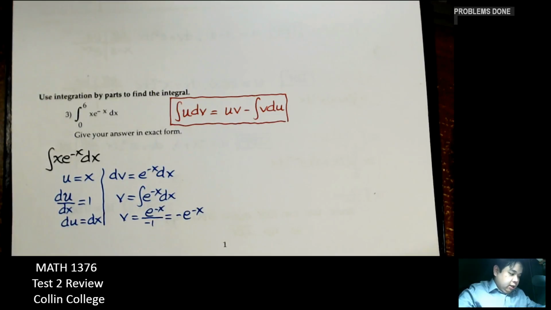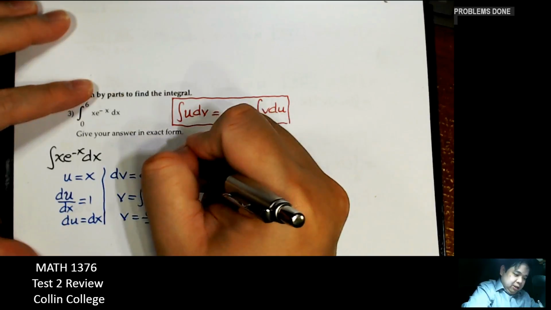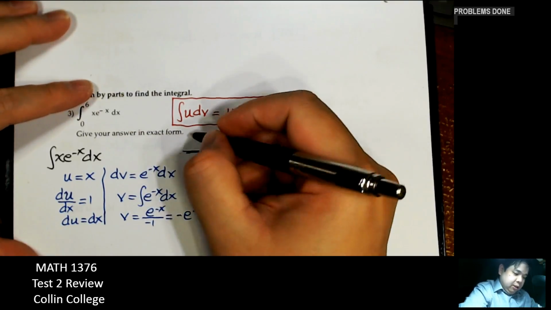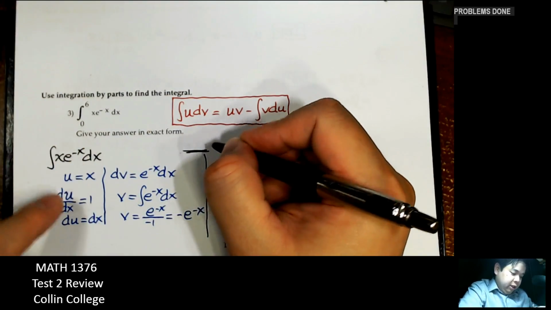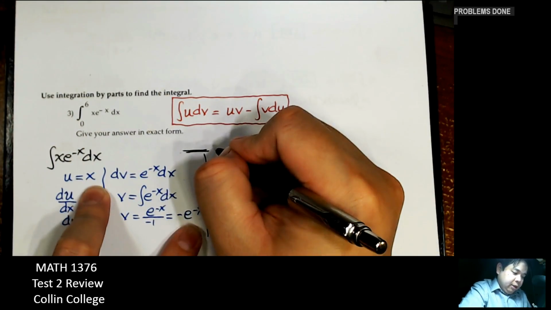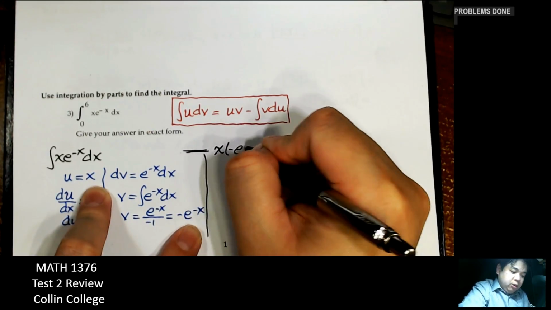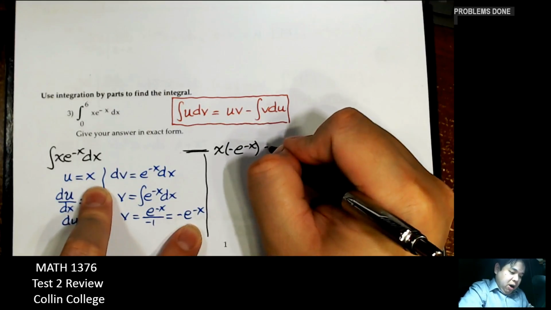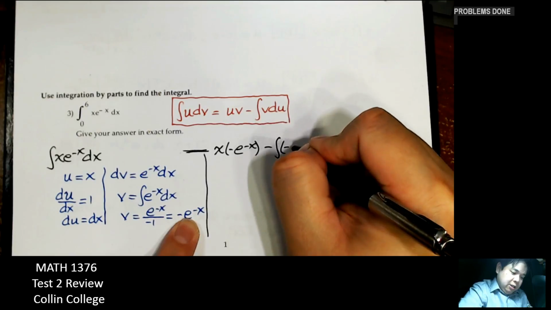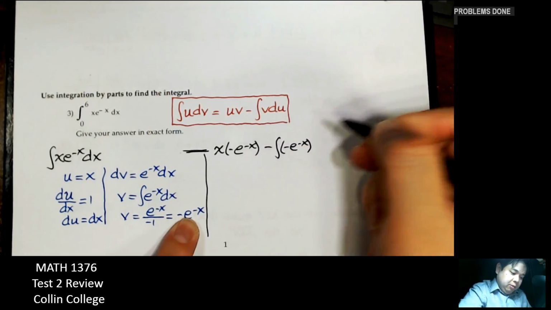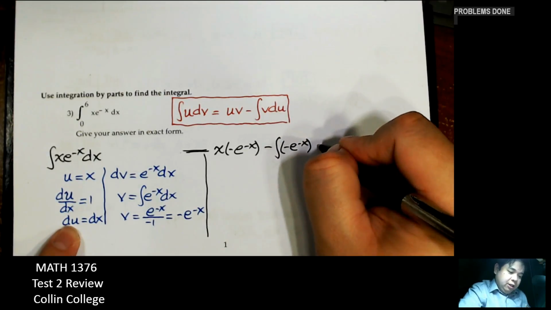Right. And then we put into that formula. So that will be equal to uv, x times negative e to the negative x, minus integral of v du.